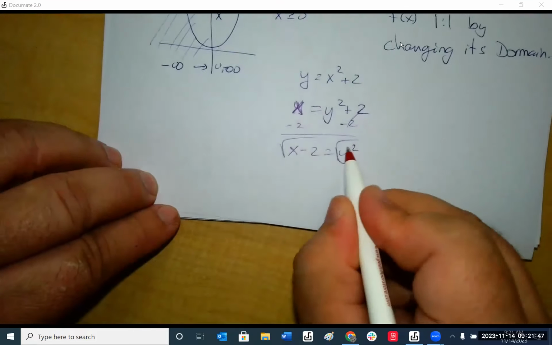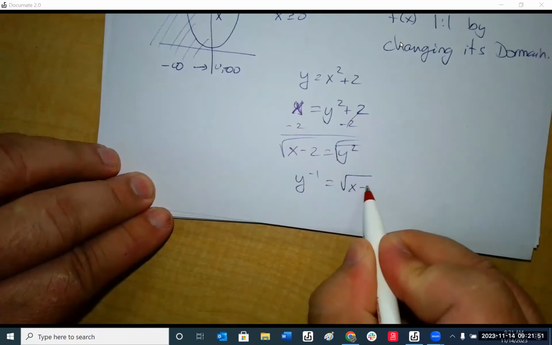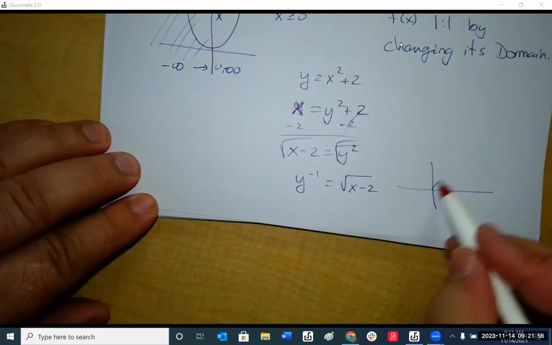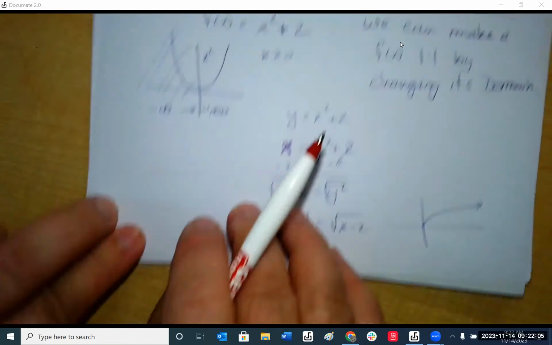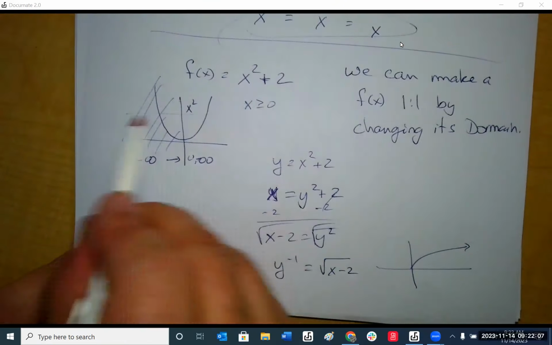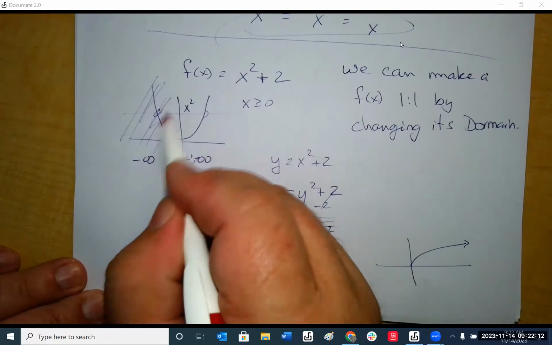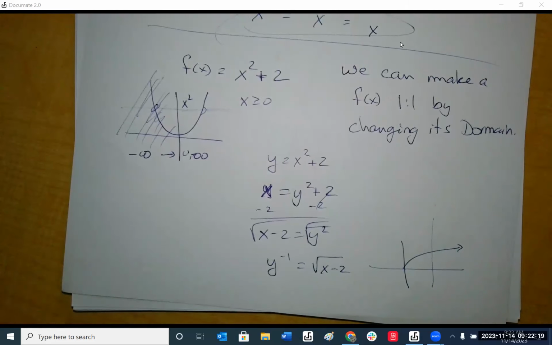Now when I take the square root, it's only of the positive x's. Now it is 1-to-1, because I basically eliminated the horizontal line test condition. The 2 x's here, I got rid of this one, so there's only 1 x. So it passes the horizontal line test, which means now it is a function.